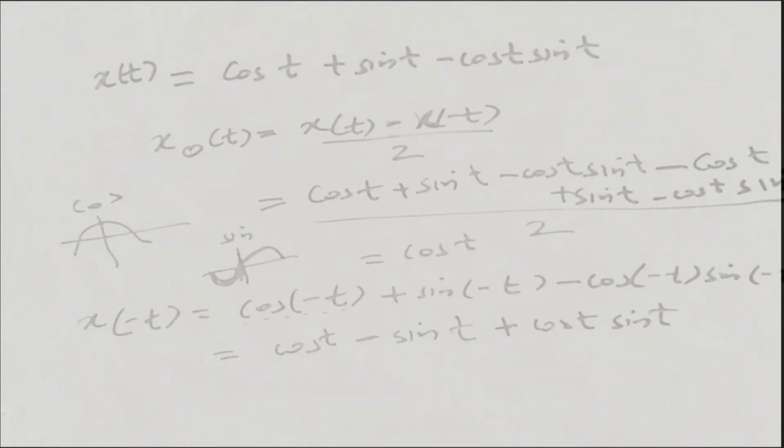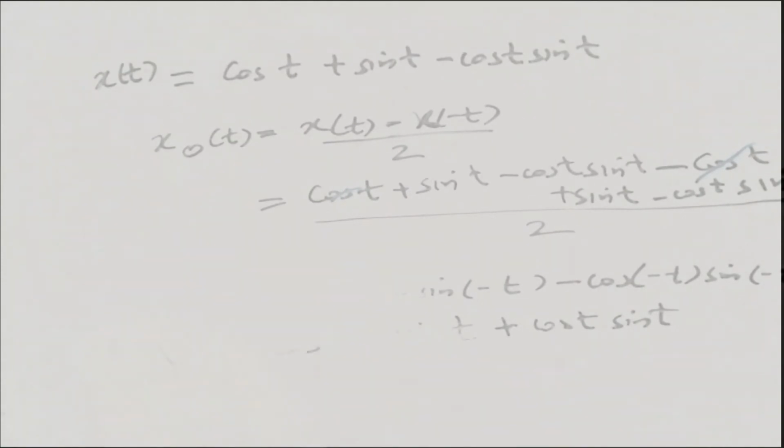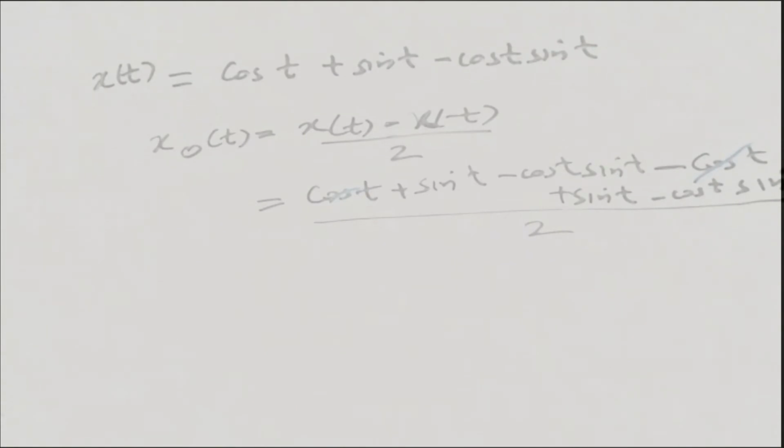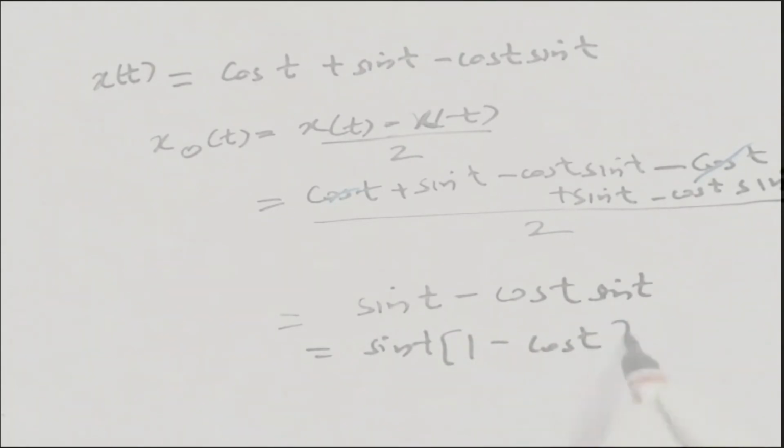So now this term cancels out, then we have the remaining terms, this can be written as 2 sin t, the 2 cancels out, so we have sin t minus, 2 and 2 again cancel out, cos t sin t, and this can further be simplified and written as sin t times (1 minus cos t).